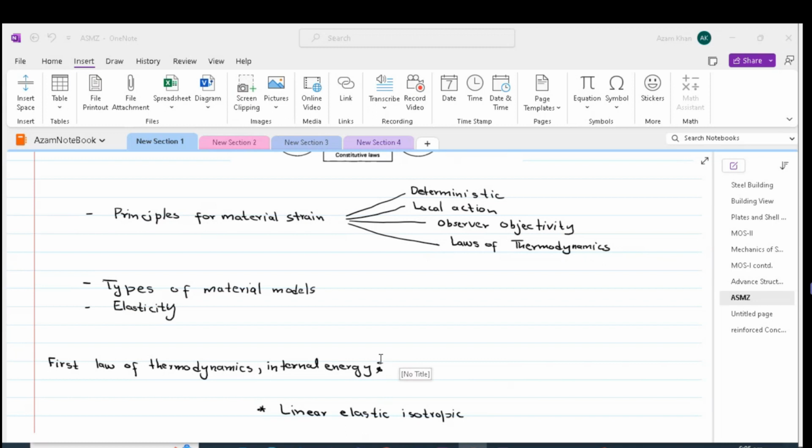It is path independent. So imagine we have a body on which four concentrated loads are applied. We call these loads P1, P2, P3, and P4.